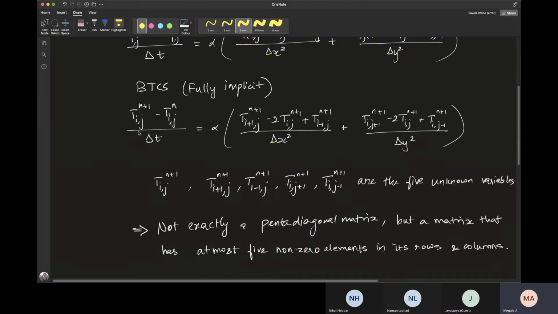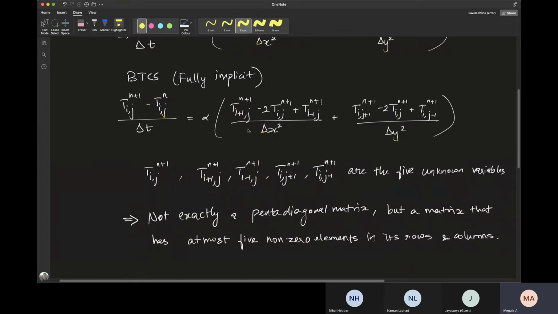In this equation, if you notice, we have 5 different unknown variables at different spatial points: ij, i plus 1 j, i minus 1 j, ij plus 1, and ij minus 1. So these are the 5 unknown variables, and the only known quantity here is Tij at time step n.